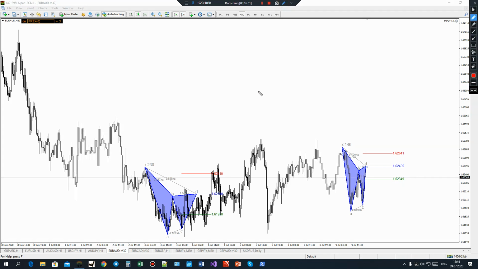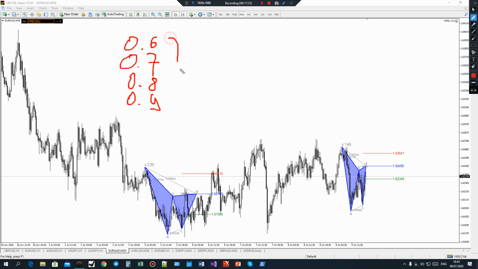So if we talk about the completion levels, what can be a completion? We can enter at 0.6, probably 0.7, 0.8, 0.9, so 4 trading levels.